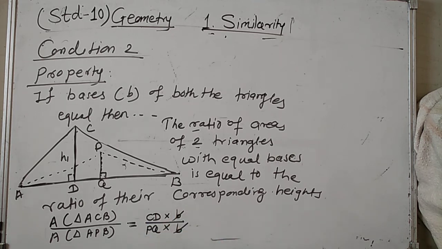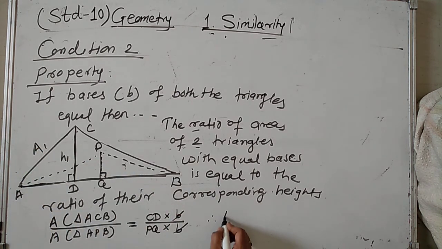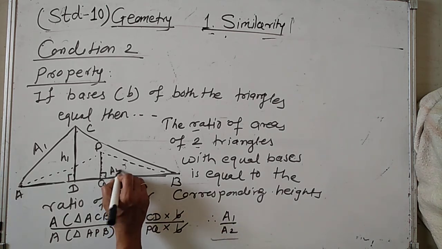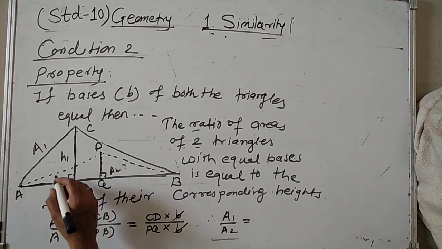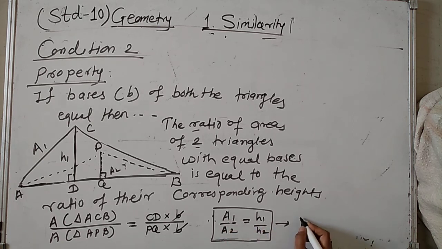What remains is the height. In short form we can write the area of the first triangle A1 upon the second triangle A2 is equal to their heights H1 upon H2, and B and B get cancelled. So we can write the reason, that is triangles with equal bases. So this is the second condition.